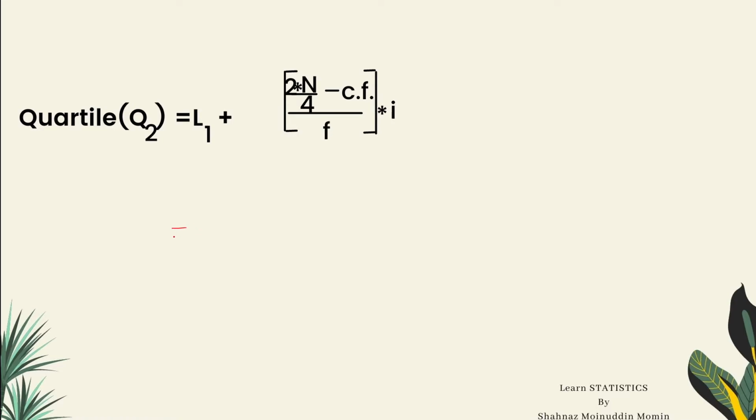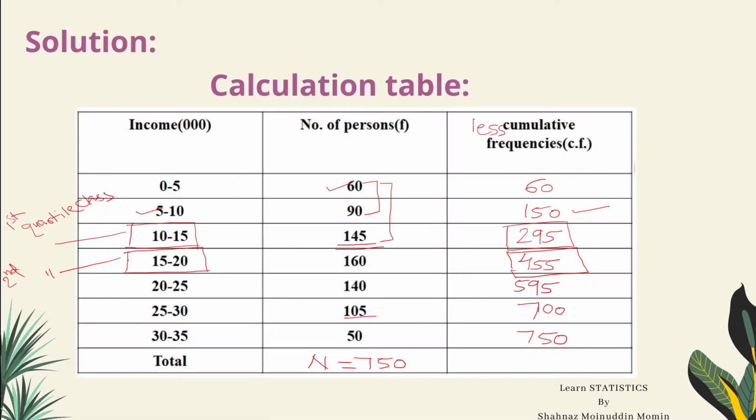We will get 15 plus 2 into n by 4 is 375 minus the cumulative frequency of the class previous to the second quartile class.